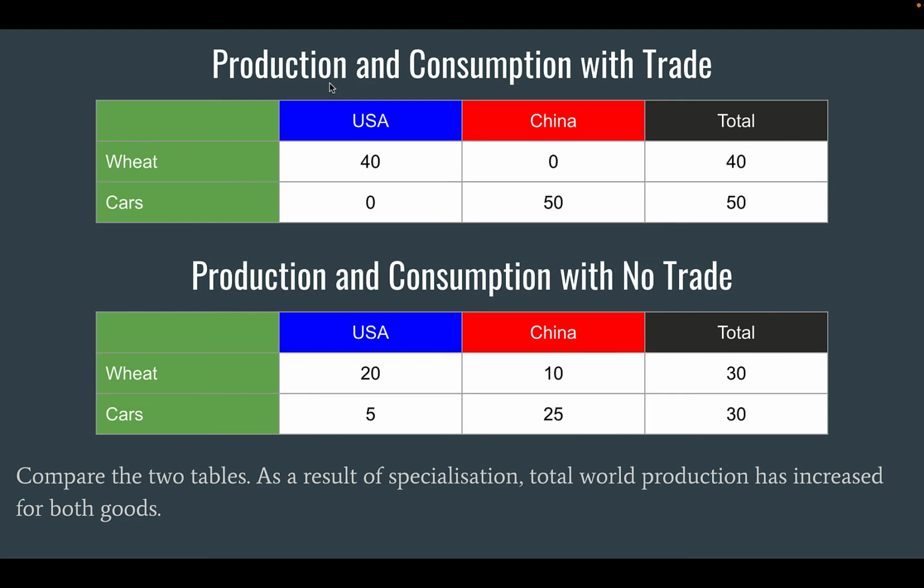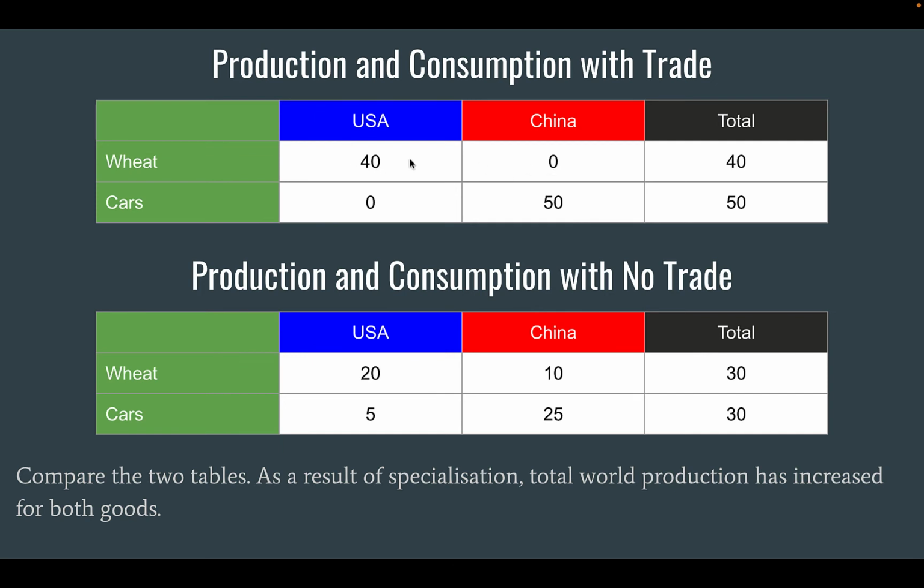So let's say they trade. Well, previously, everybody in the Chinese and American countries together could only consume 30 bushels of wheat, and they could only consume 30 cars. But if we specialize and trade, America produces 40 because it's got an absolute advantage in wheat production, and China produces 50 cars because it's got an absolute advantage in car production.